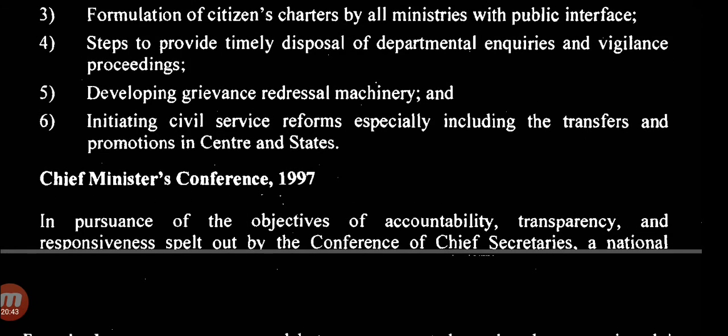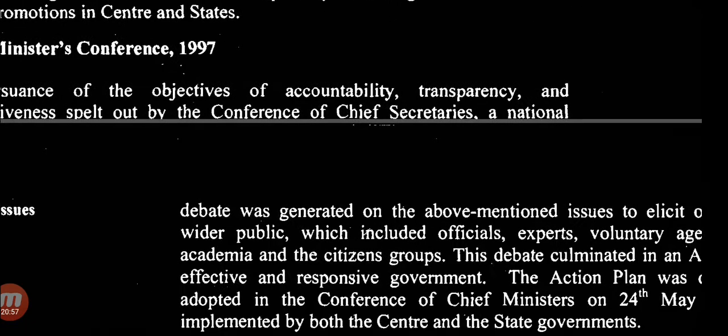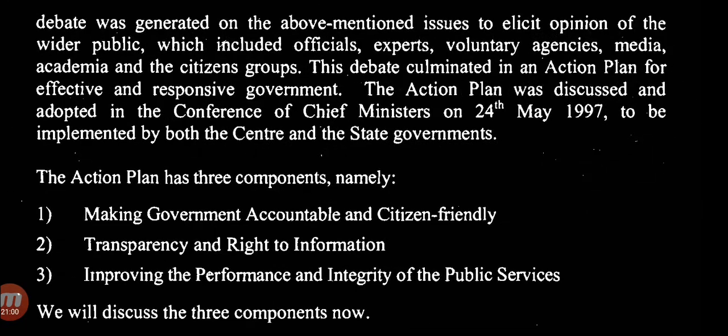Chief Ministers Conference, 1997. In pursuance of the objectives of accountability, transparency, and responsiveness spelled out by the Conference of Chief Secretaries, a national debate was generated on the above mentioned issues to elicit opinion of the wider public, which included officials, experts, voluntary agencies, media, academia, and citizens groups.